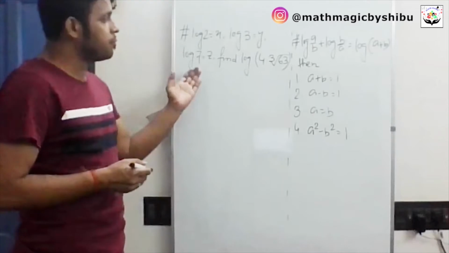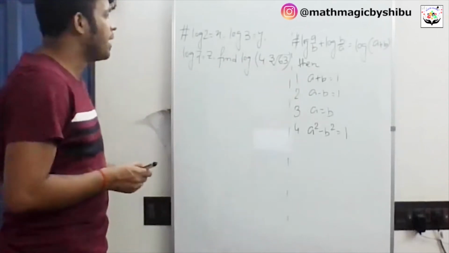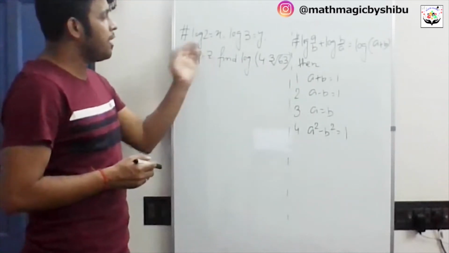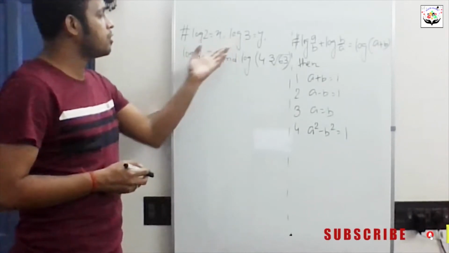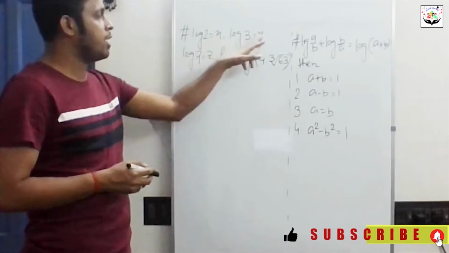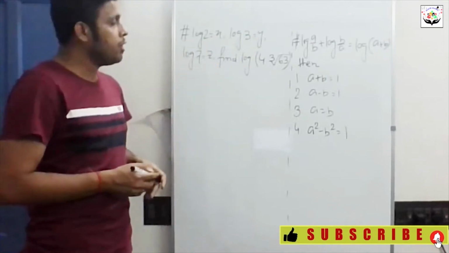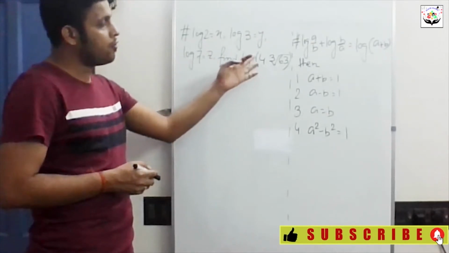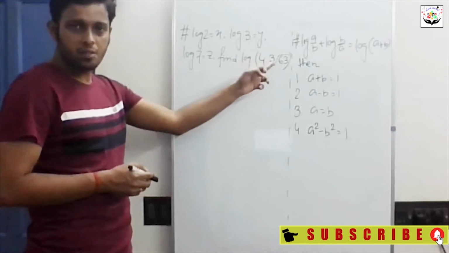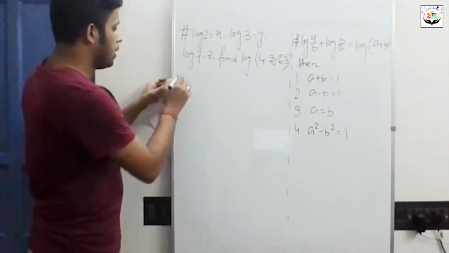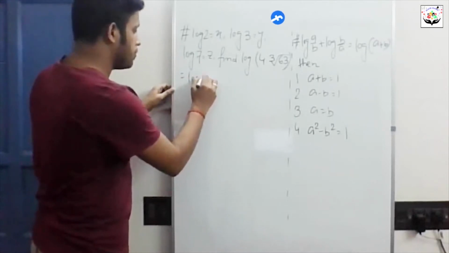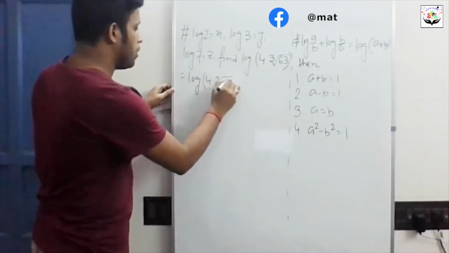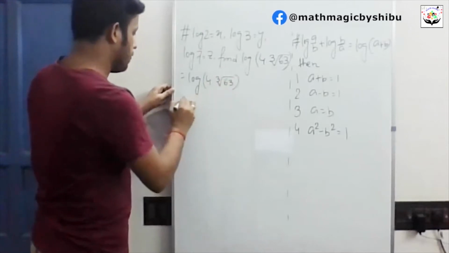So now we'll solve these two problems. The values are given for log 2, log 3 and log 7 as x, y and z respectively. We need to find the value of log of 4 into the cube root of 63. Let's start: log of 4 into the cube root of 63.